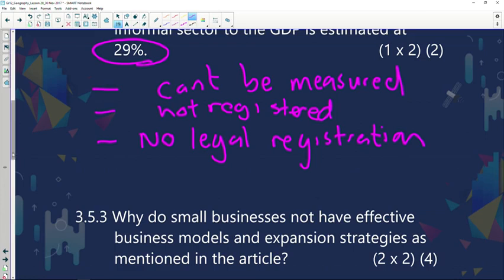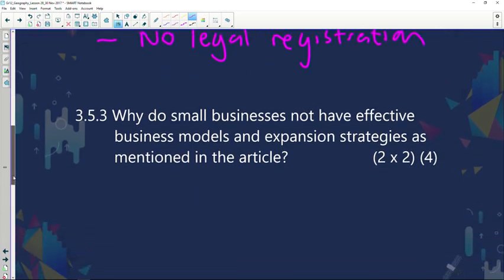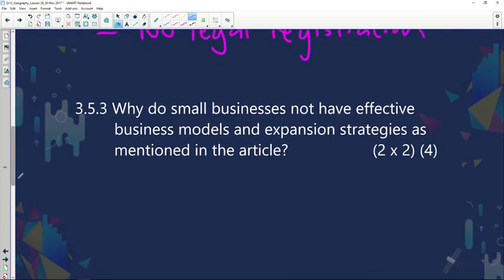Now, if you look at our next question, 3.5.3, why do small businesses not have effective business models and expansion strategies as mentioned in the article? First of all, there's lack of funding. You need to keep in mind the people that usually do the informal trading lack education. Many of them did not even finish school. So they're just trying anything possible to earn an income.